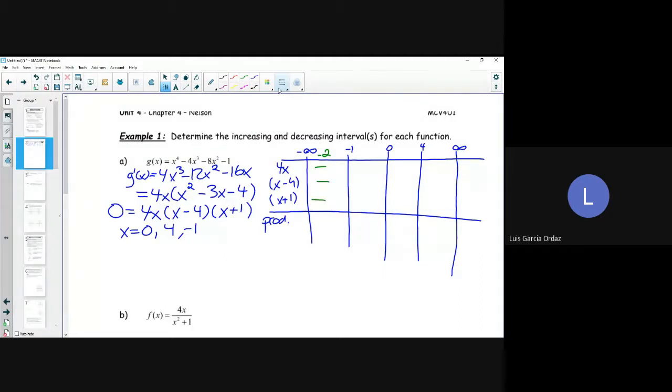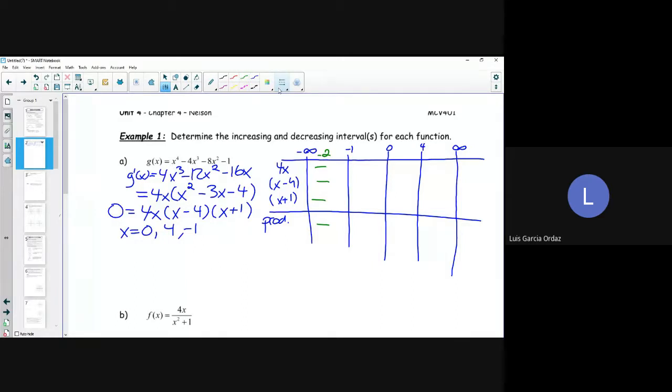So 3 negatives multiplied together, guys, gives us what? Negative times negative times negative gives us a negative. Okay, so that means between negative infinity and negative 1, my graph is going what?